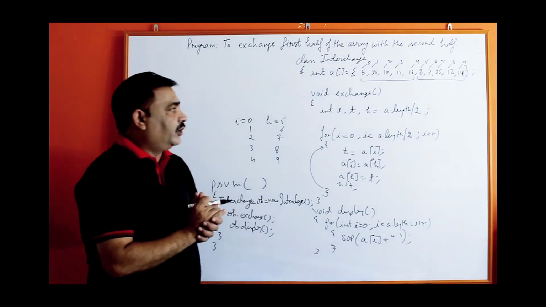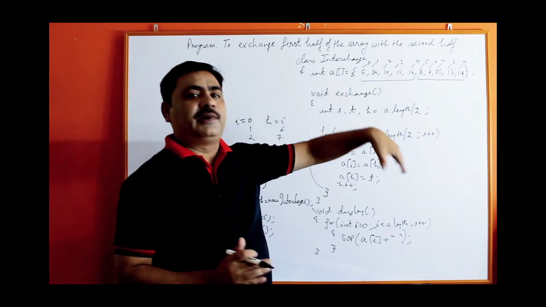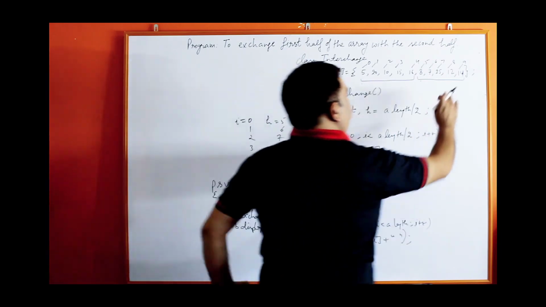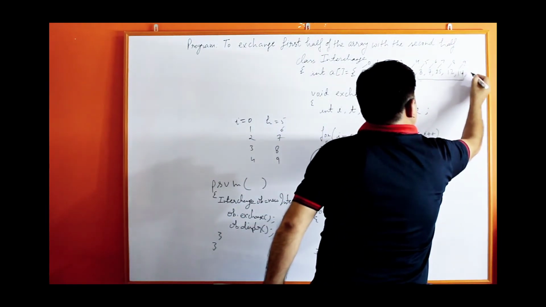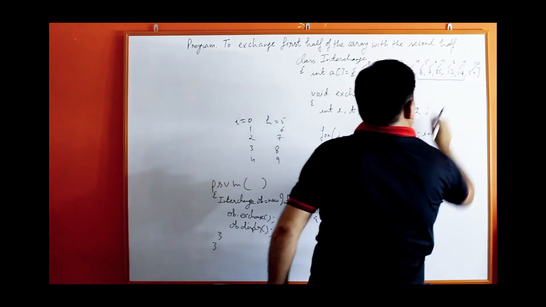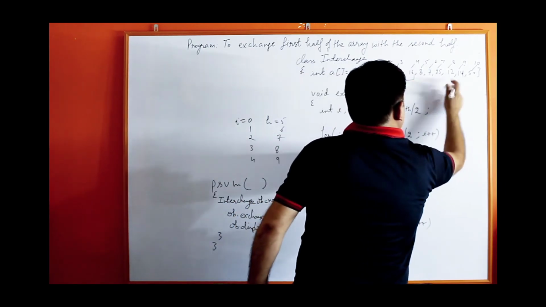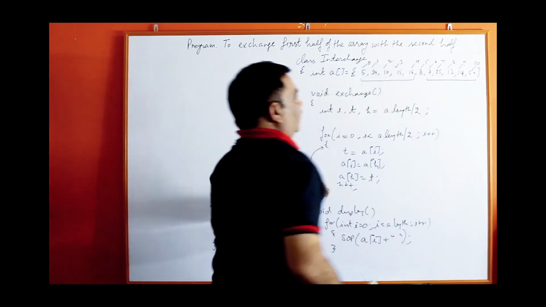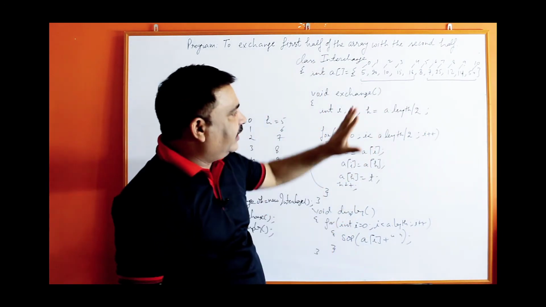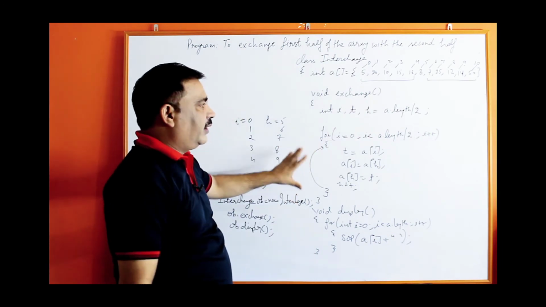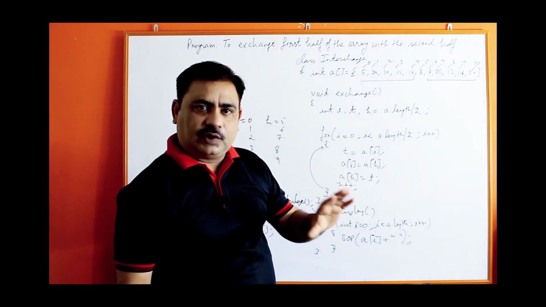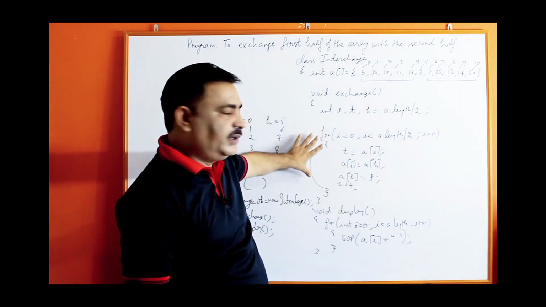One more thing here, very important: if the array contains an odd number of values instead of 10, if it contains 11 values, one more value is there, suppose the value is 50 at index 10. Now the second half of the array will be this one, 8 is the middle value. You don't have to exchange this value, it will remain there. So for this, what you have to do, check the length. If the length is an even number, then this program is right.